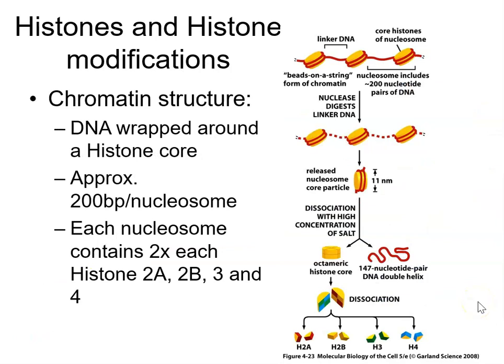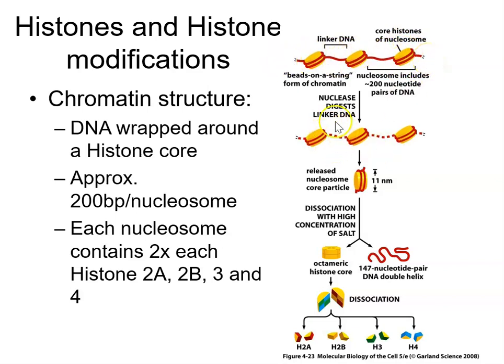So this slide shows what happens if you take some chromatin and break it apart. Now we refer to these as nucleosomes, which is DNA wrapped around a core of histone proteins. So the DNA wraps around like this, and as I mentioned earlier, from that point to that point is 200 base pairs of DNA, and there is a core of histone proteins, and this is what chromatin is like.